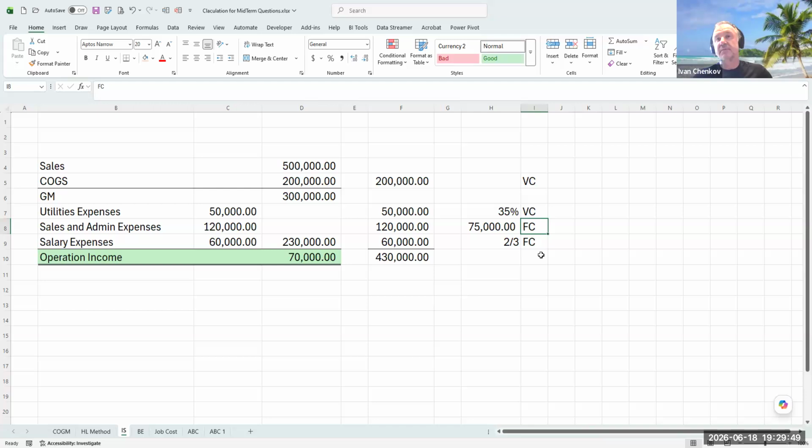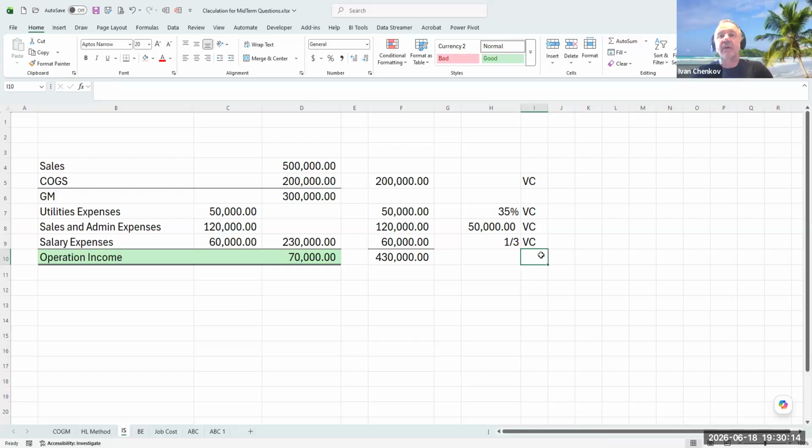The rest is fixed cost. From the sales administrative expenses, 50,000 are variable costs. The remaining are fixed cost. And on the salary expenses, 1/3 of this cost is variable cost. The remaining is fixed cost.